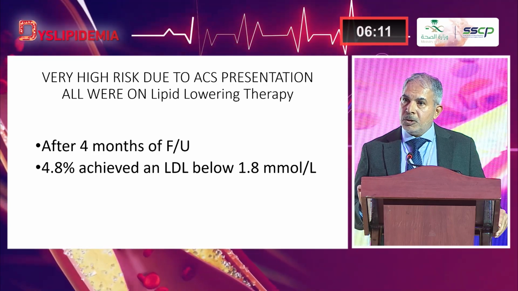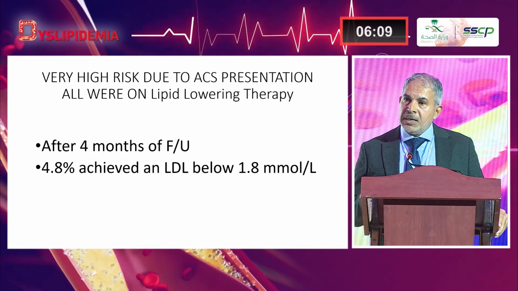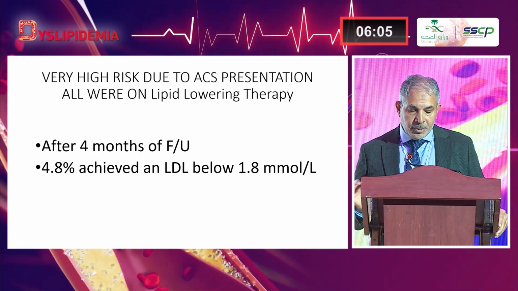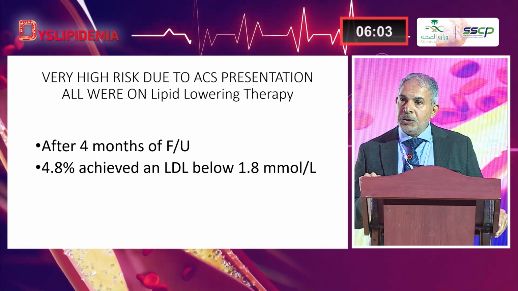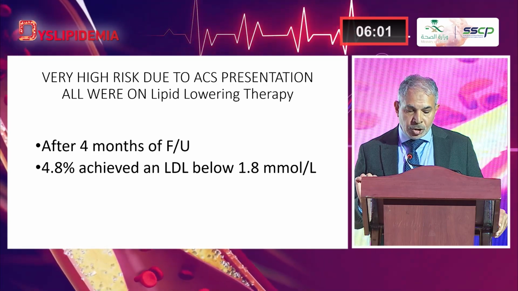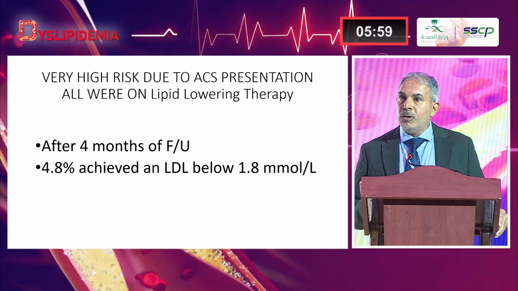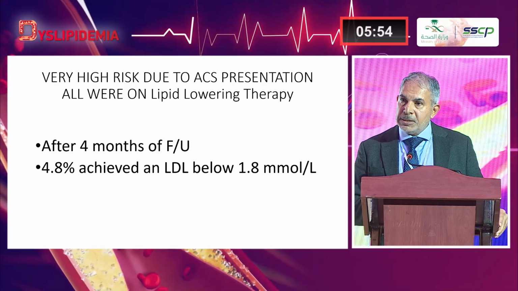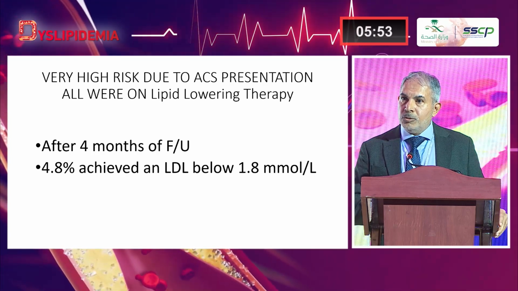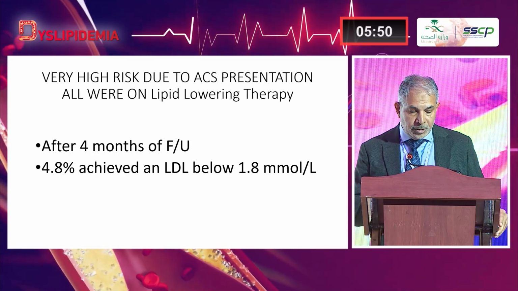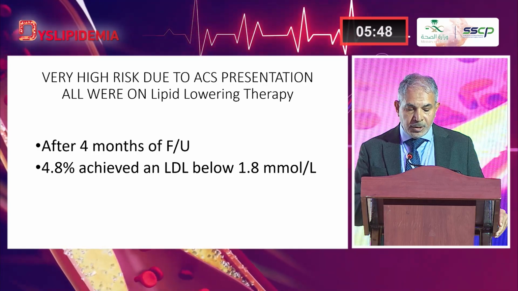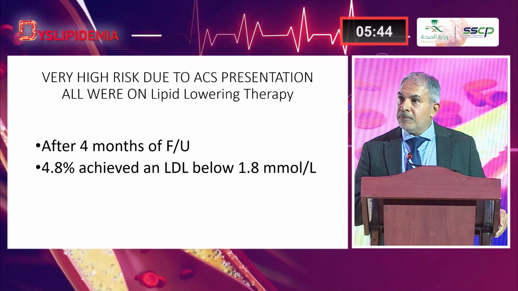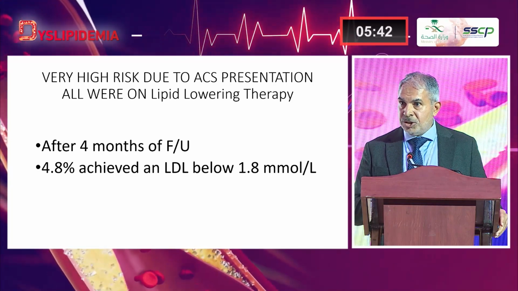After 4 months, of those that had a lipid panel requested, only 4.8% achieved an LDL of 1.8. So these are very high risk by today's standard. The target should be 1.4, in other words, 55 milligrams. So even taking the old targets, only 5% actually achieve that.